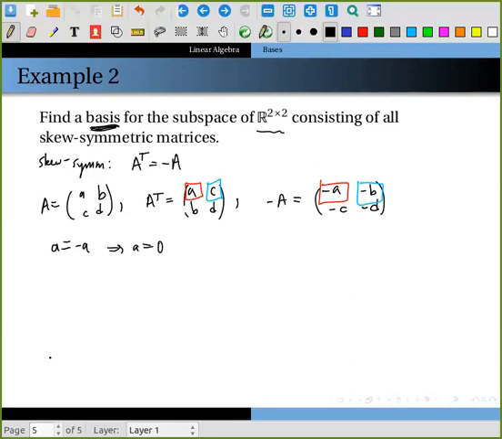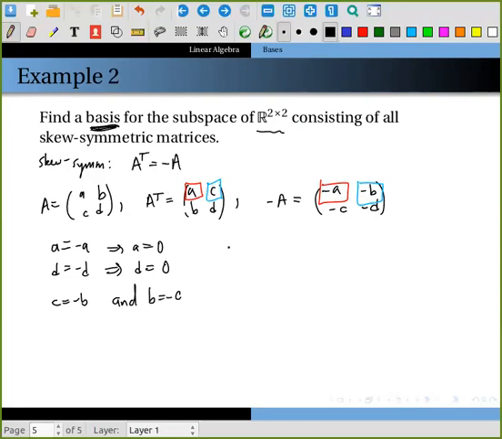The only number that satisfies this is 0. The same thing is going to be true of D. D has to equal minus D. That forces the diagonal element D to be 0. And then both of these off-diagonal equations say that B and C have to be the same but with opposite sign, right? So C should equal minus B, and B should equal minus C.